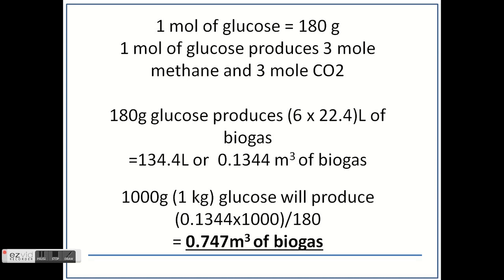So proportionally, if 180 grams will give us 0.1344 cubic meter, then 1000 grams, which is 1 kg of the substrate glucose, will produce 0.1344 times 1000 over 180, which will give us 0.747 cubic meter of biogas.